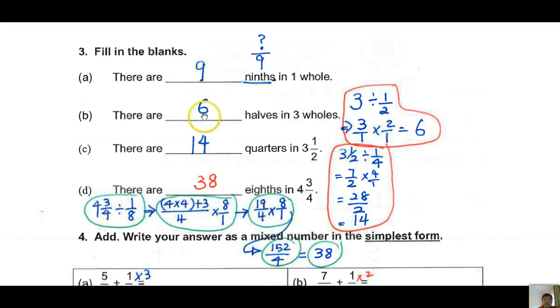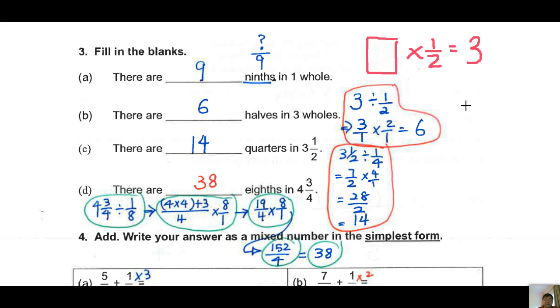For example, how many halves are there in 3 wholes? It means the number of halves, adding them up together, gives me 3 wholes.